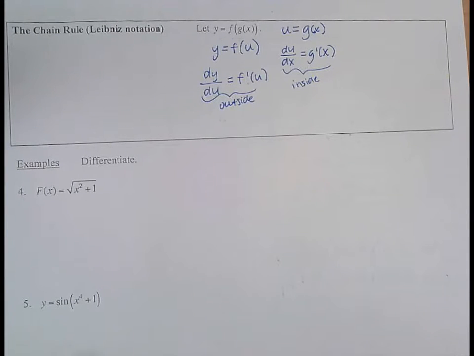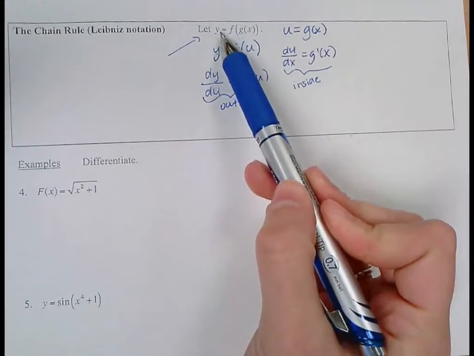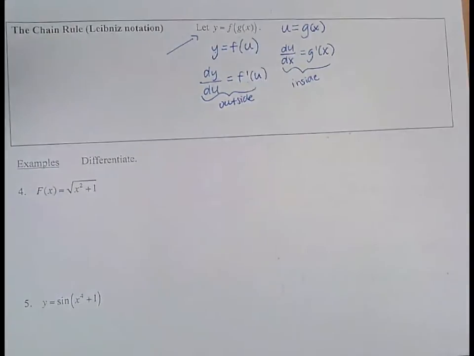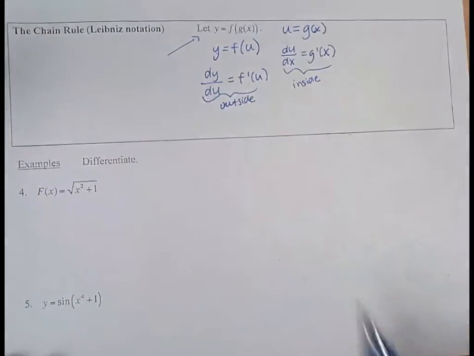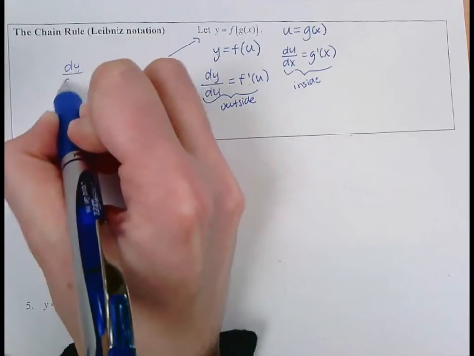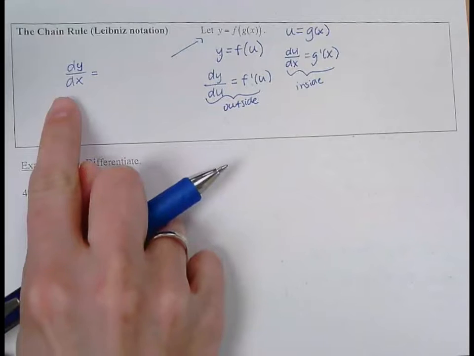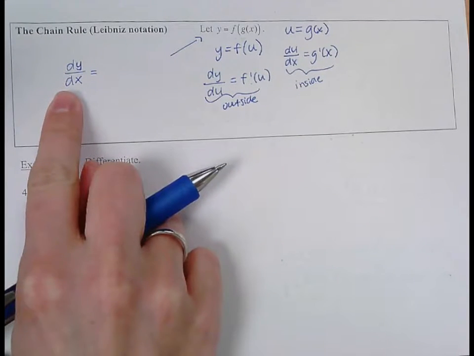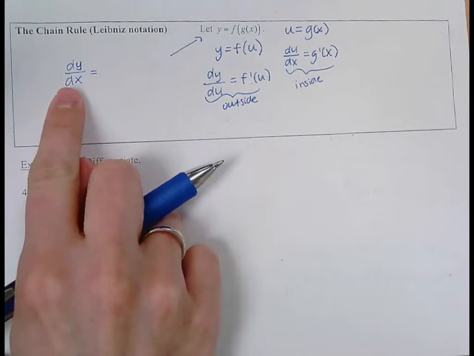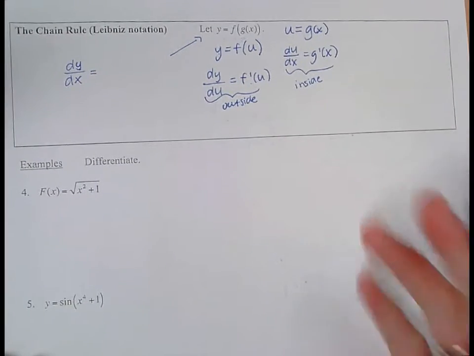So overall, in our original problem, because y originally is a function of x, f of g of x, by trying to find the derivative, you are trying to find dy dx. If we apply our chain rule, it's the derivative of the outside times the derivative of the inside.